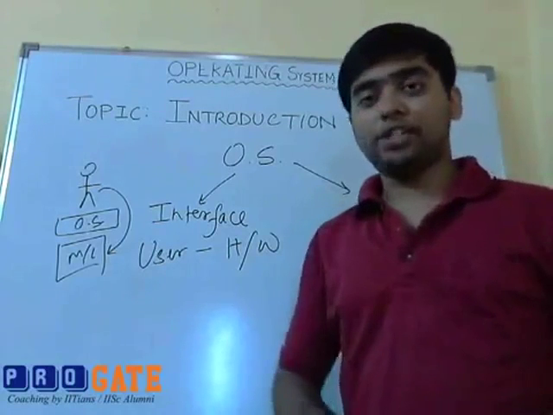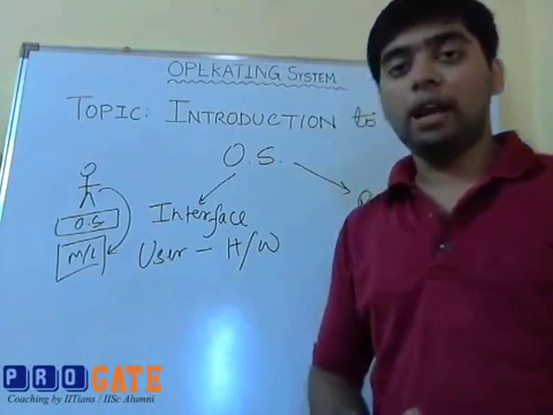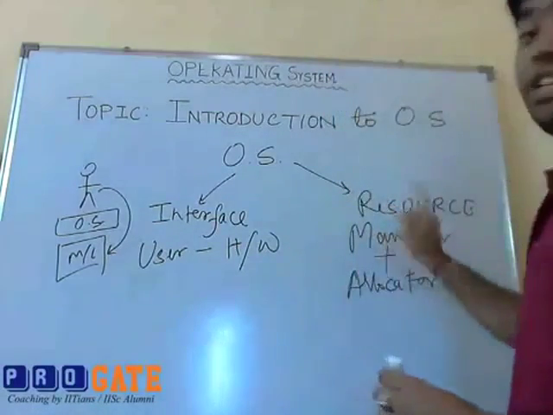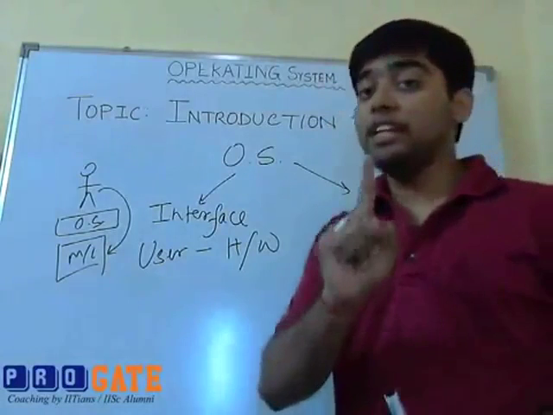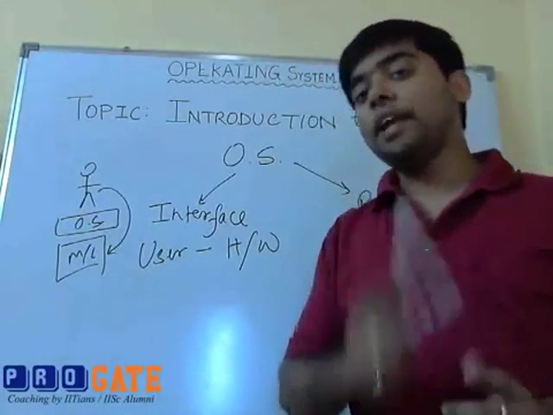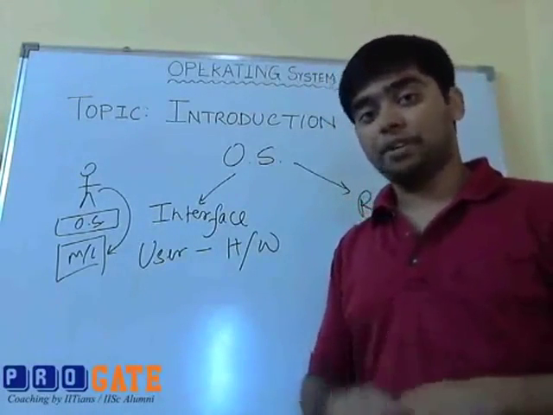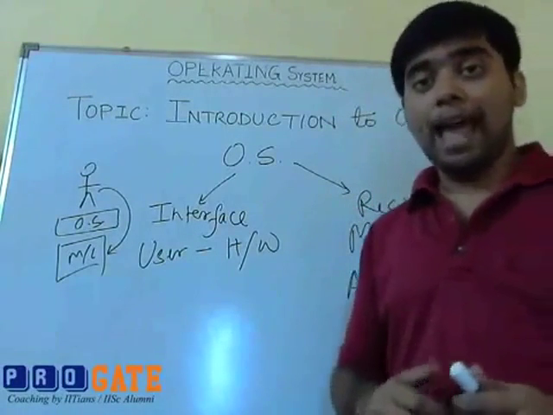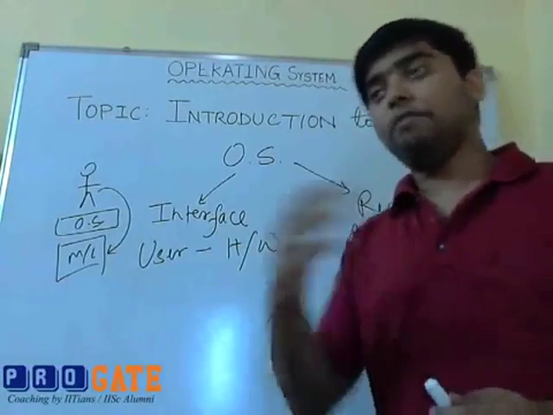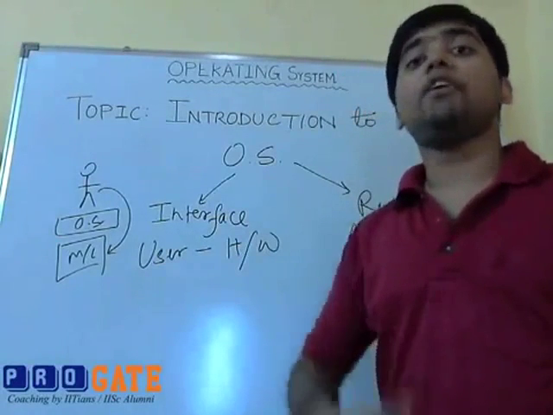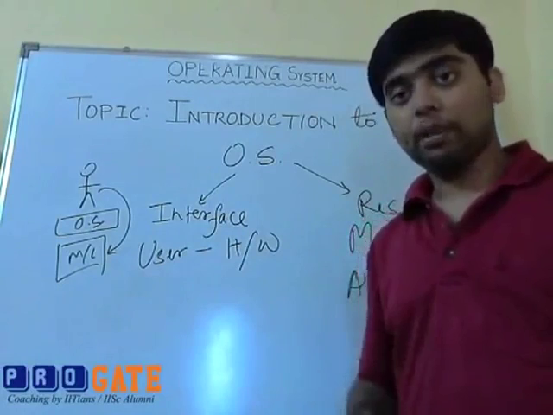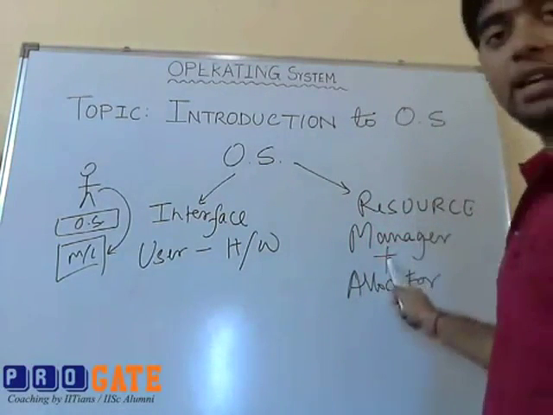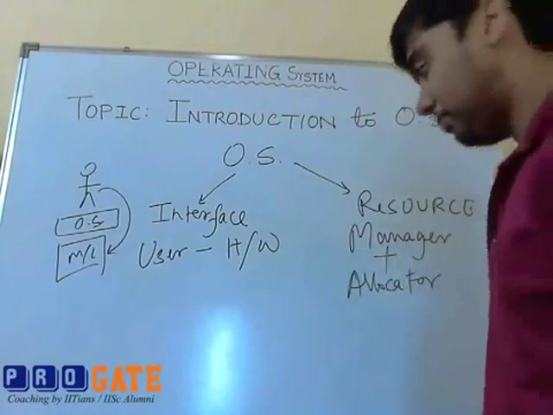All the applications that you are running on your computer are in fact competing with each other to get hold of these resources. Now there needs to be an arbitrator. The operating system acts as an arbitrator. It manages all the resources of the computer and allocates them to the different applications depending on their requirements. Hence, we can say that an operating system is a resource manager and allocator.